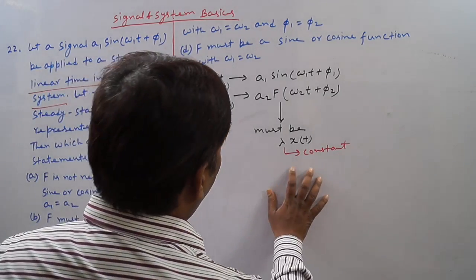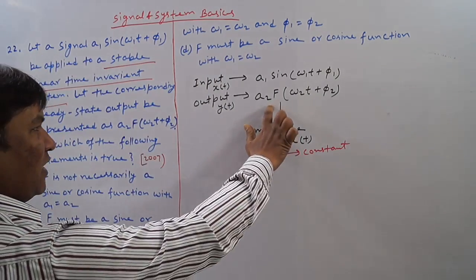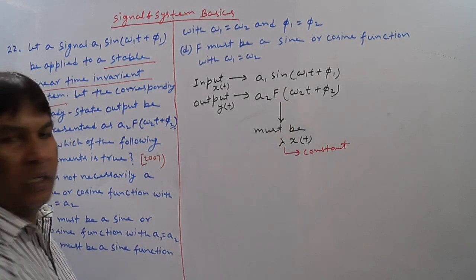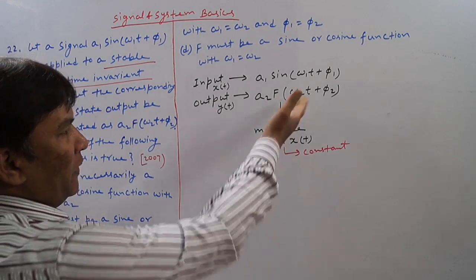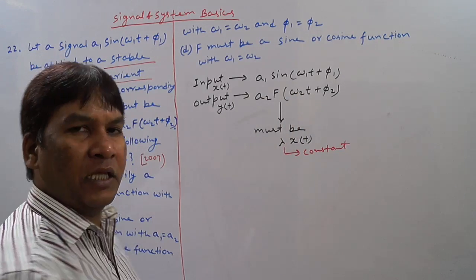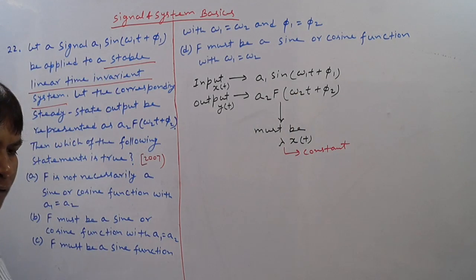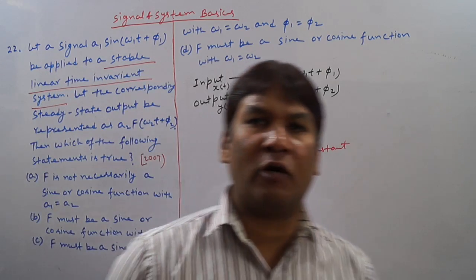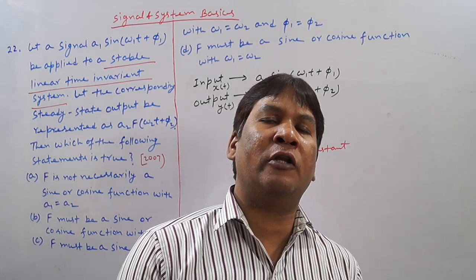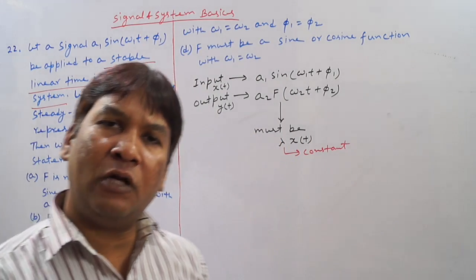So this is only possible if f is a sinusoidal or cosinusoidal function. If it is cosinusoidal, then we can make that sinusoidal, because there is a relation between them. There is a phase difference between sinusoidal and cosinusoidal functions, and that is only pi by 2.